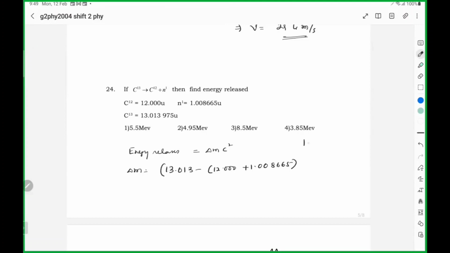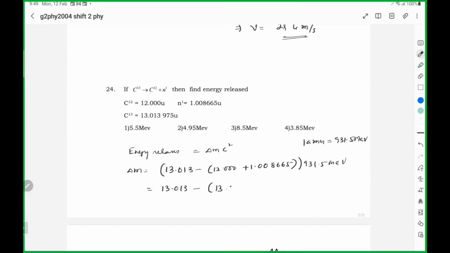So 1 amu is equal to 931.5 million electron volts.